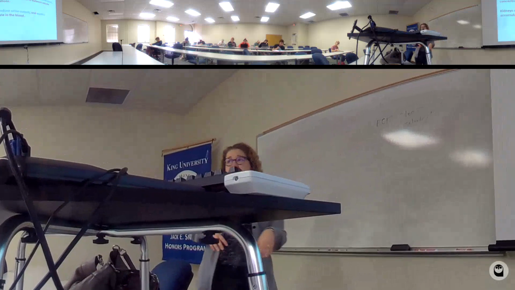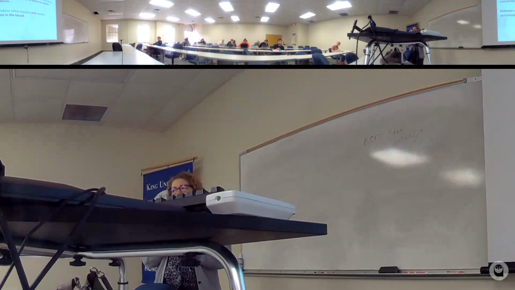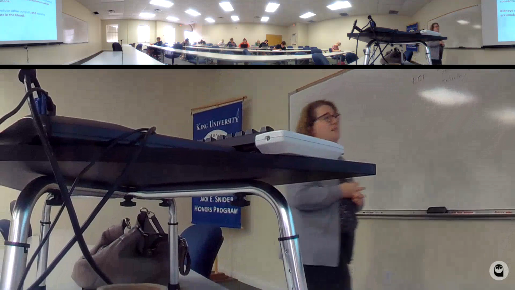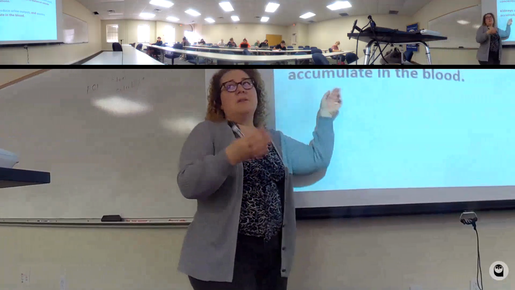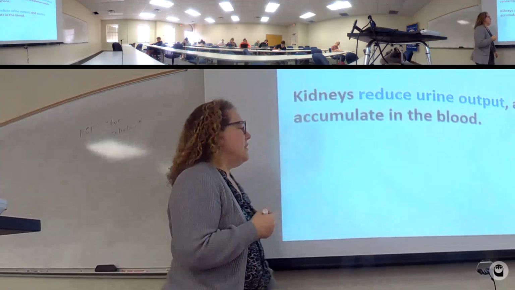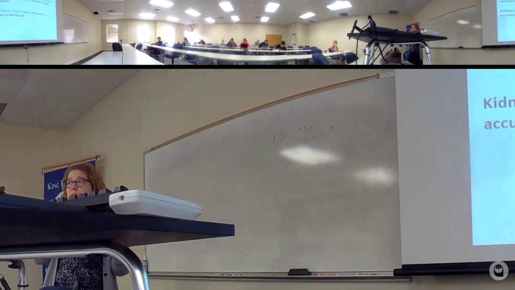So when you are dehydrated, your kidneys will start to sense that really before you're even aware of it. And your kidneys will start reclaiming more water out of the urine and keeping more water in the blood. So your kidneys will adjust to try to help you.